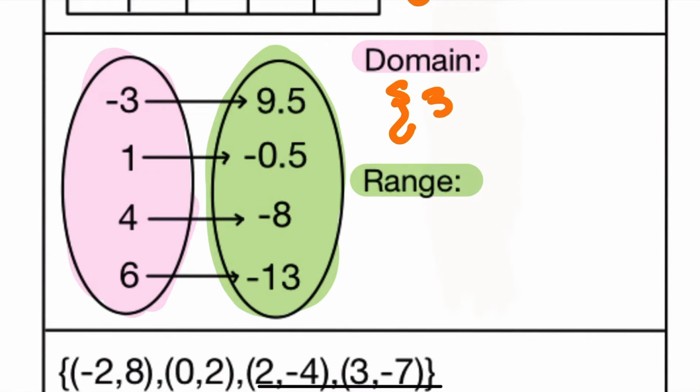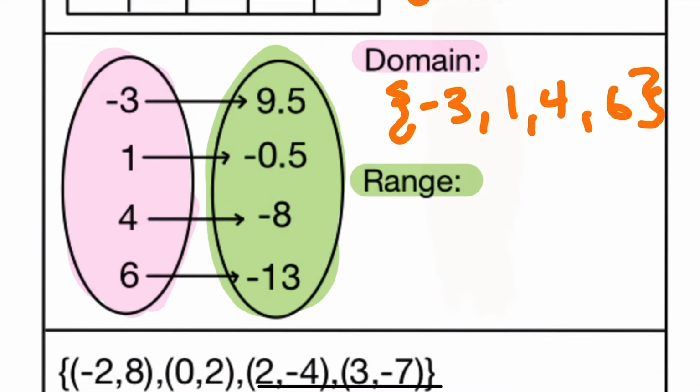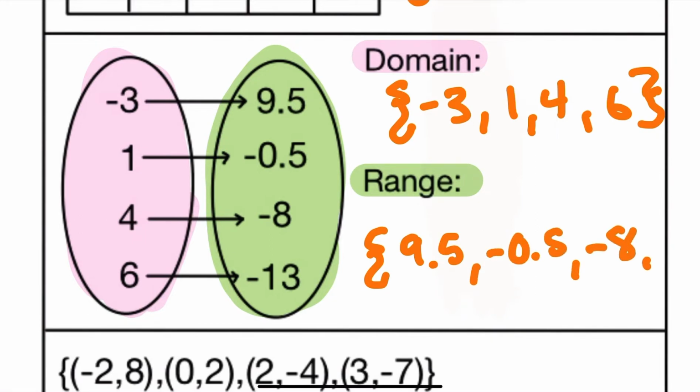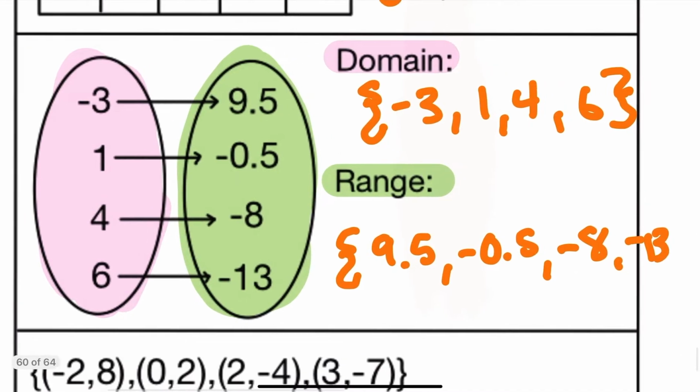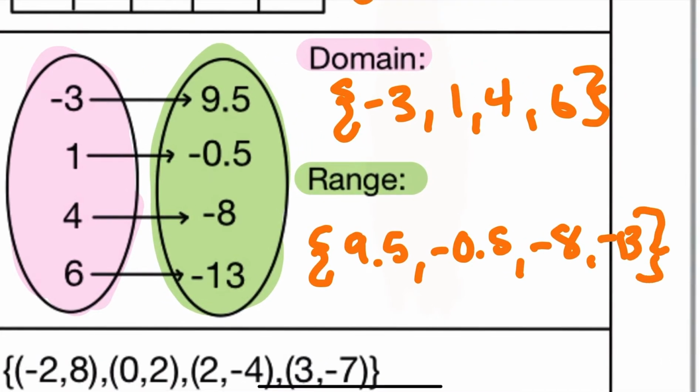That was negative 3, 1, 4, and 6. And I'm going to end with more curly brackets. Okay, and then we need our range. Again, I'm going to start with curly brackets and then make a list of all of the numbers that are in my range, which is 9.5, negative 0.5, negative 8, and negative 13. And then I'm going to end with curly brackets again.